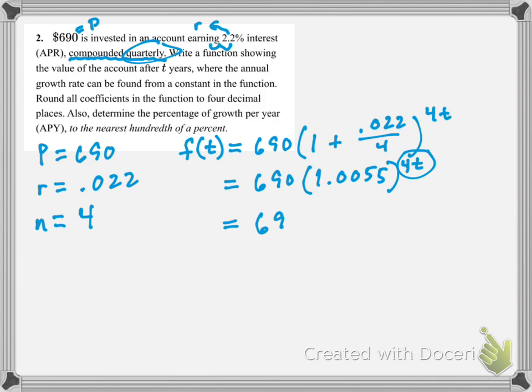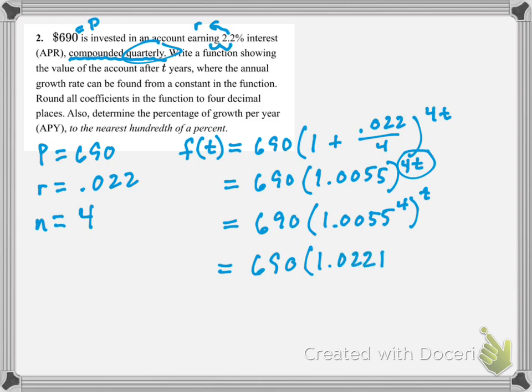So I've got 690 times 1.055 to the 4th. Now the 4 is inside the parentheses, so that to the 4th power. So 690 times 1.02218 to the t.